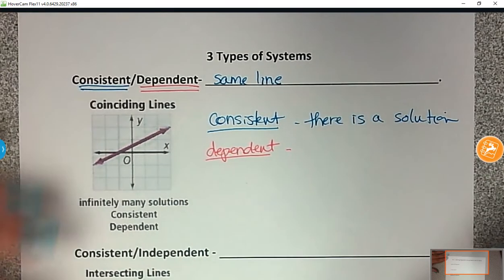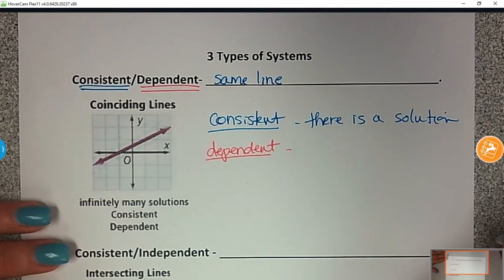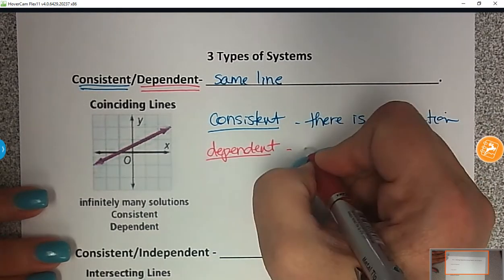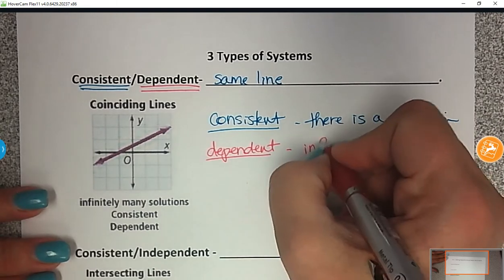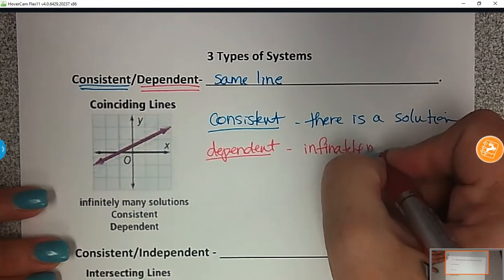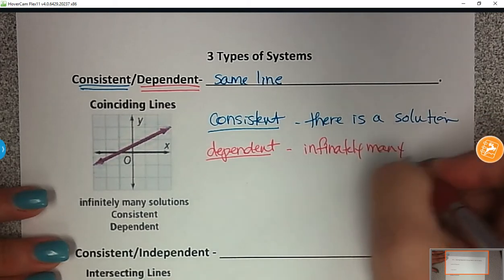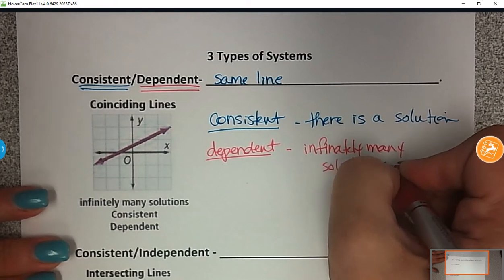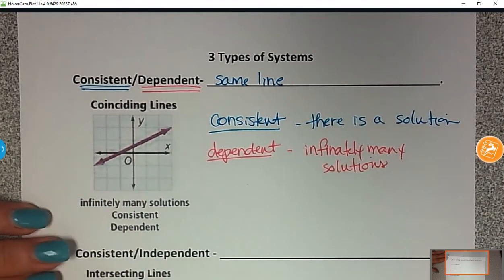Okay, and I remember this one because since they graph the same line, one line depends on the other line for each and every point. Okay, so a dependent system has infinitely many solutions. Okay, and this is what they look like.